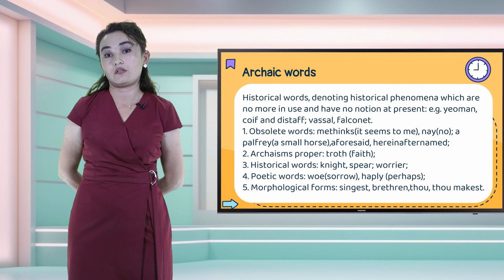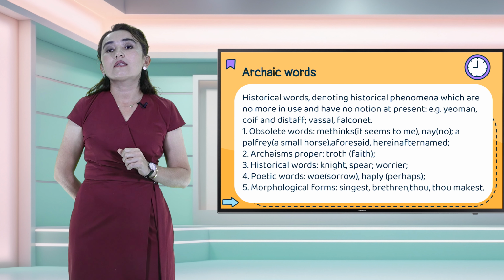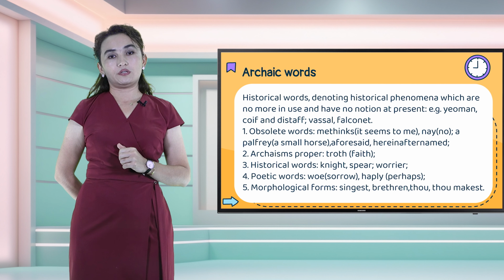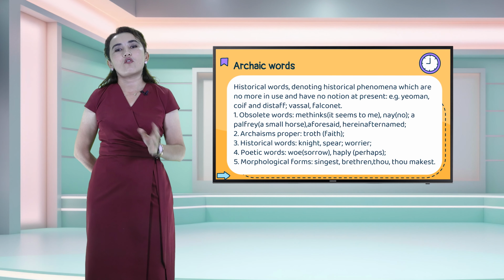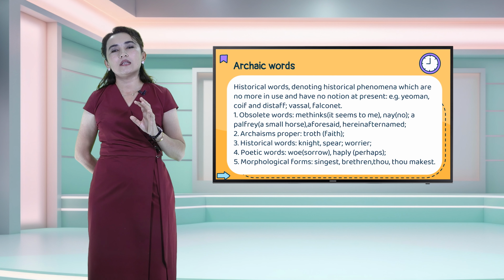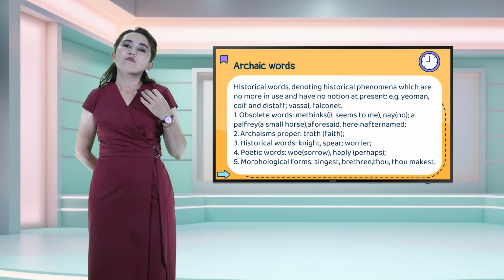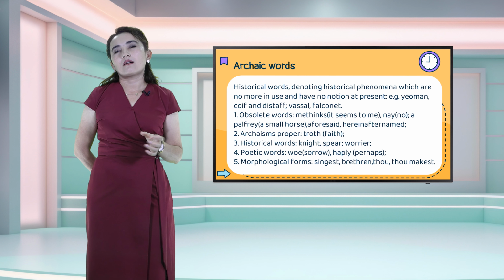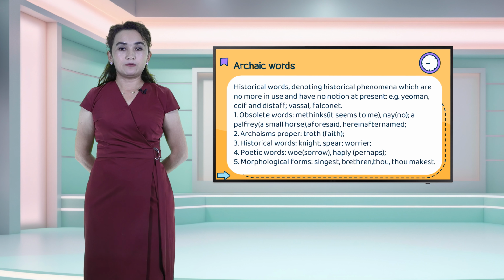The fifth subgroup is called morphological forms. They are sing, guest, or breathe, when, though makest, such kind of words. Most of these archaic words were used in Shakespearean periods in literature.